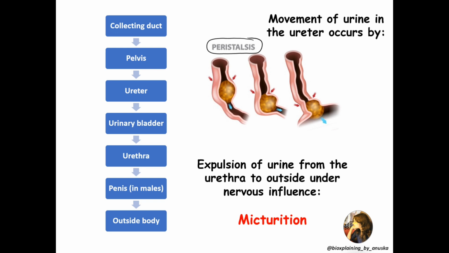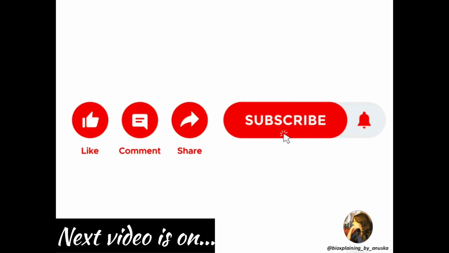And ultimately, via the nervous influence on the urinary sphincter muscles, this process of micturition, which in simple words we call urination, that is the passage of urine from the body to outside, occurs. So that is all about the topic of urine formation.